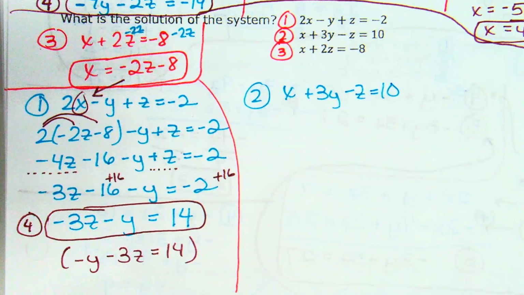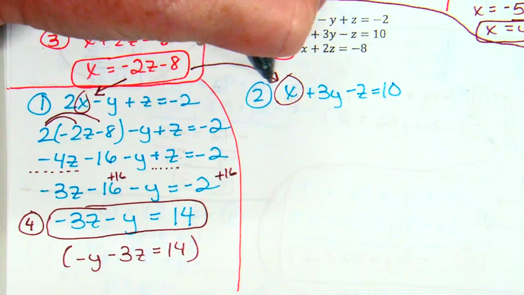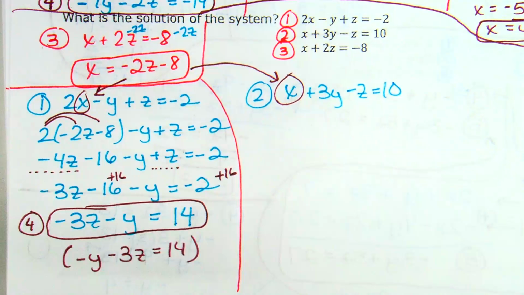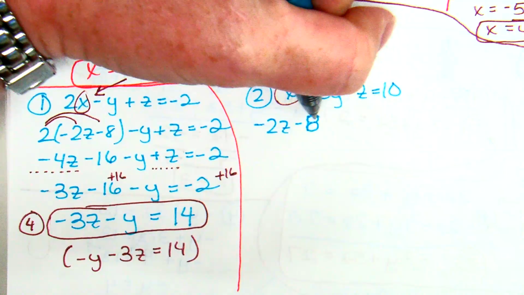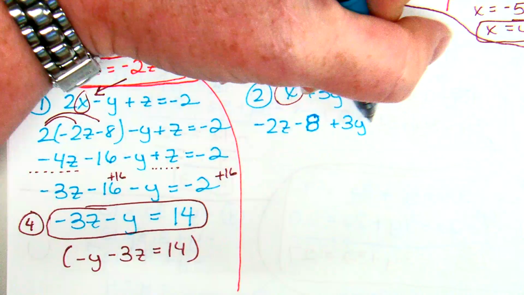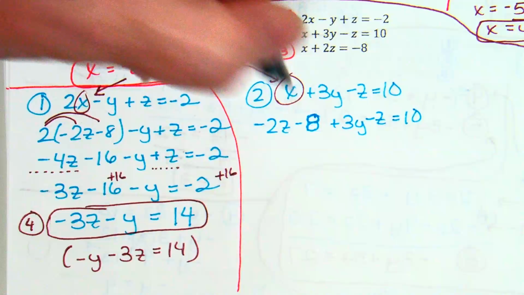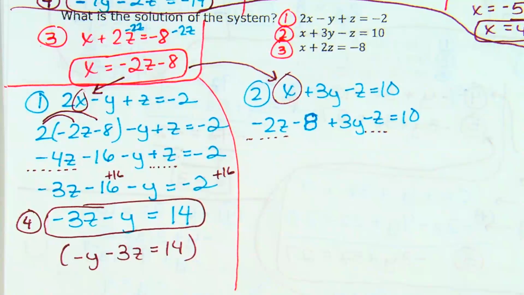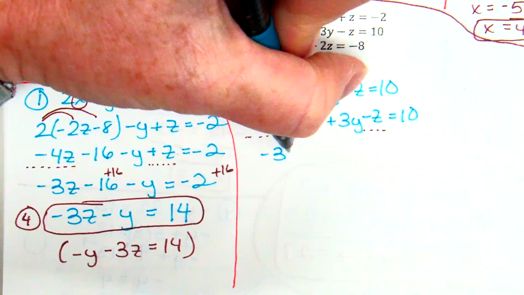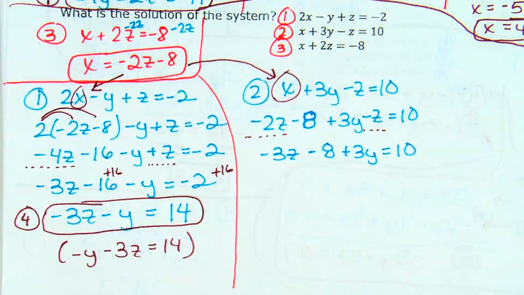Every place I see an x, since it starts off with x, negative 2z minus 8 plus 3y minus z equals 10. Negative 2z minus z is going to become negative 3z, still minus 8, still plus 3y, still equals 10.